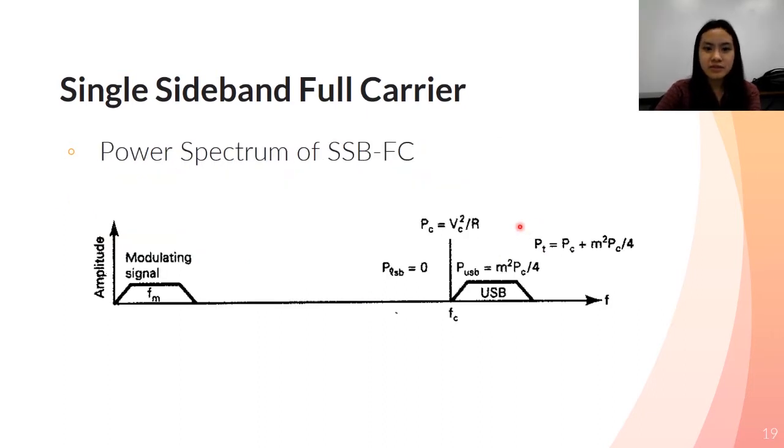The frequency spectrum and the relative power distribution for a single sideband full carrier is shown here. Note that with 100% modulation, the carrier power constitutes 4/5 or 80% of the total transmitted power, and only 1/5 or 20% of the total power is in the sideband.